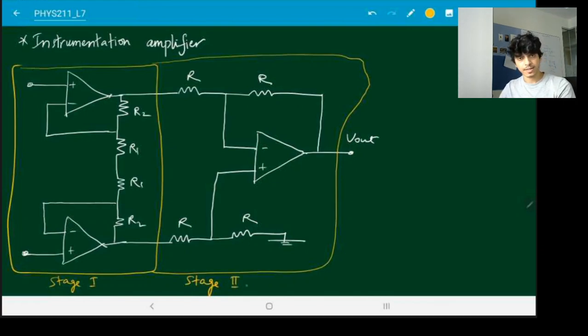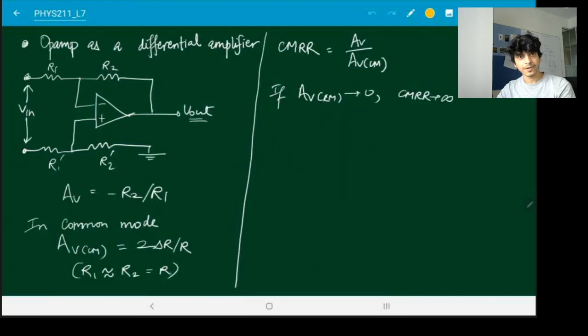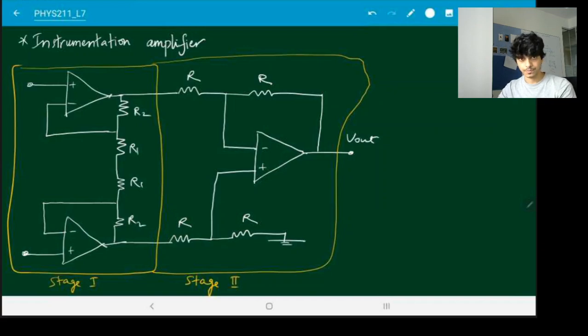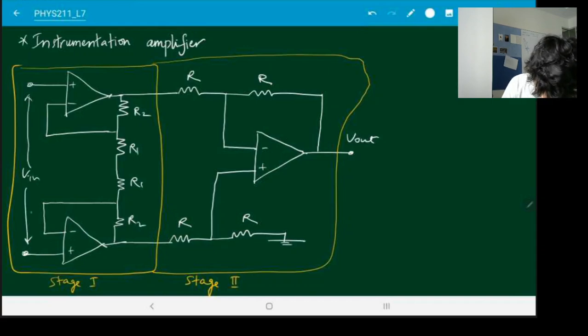Now if you look at stage 2, you will find this is exactly the differential amplifier that we saw on the previous page. So second stage is just a differential amplifier. Let's see what the first stage does. So by the way, V input is applied between these two terminals. So here's your V in, here's your V out, and we want to see what kind of gain factor we get.